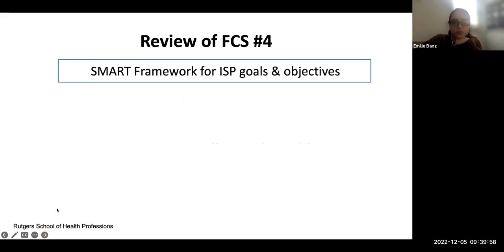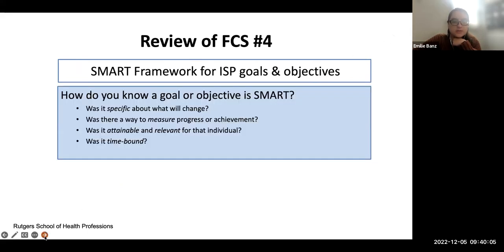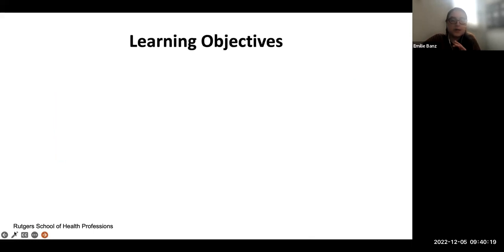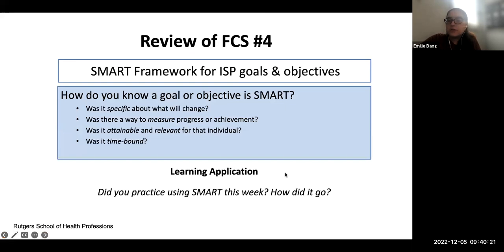So in reviewing the session from last week, we talked about the SMART framework for ISP goals and objectives. And we asked you to review the SMART framework a little bit by acknowledging and reviewing an ISP, or if you were developing an ISP this past week, to just use the SMART framework.